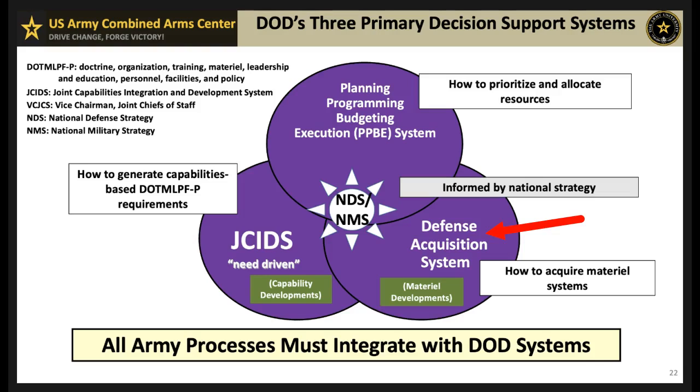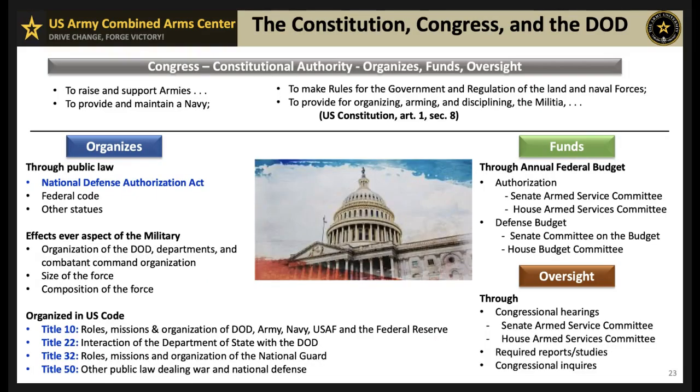This system is crucial for acquiring materiel systems. It outlines the processes for developing and procuring equipment and technology needed by the Army. These systems are informed by the National Defense Strategy and the National Military Strategy, ensuring that all efforts align with national objectives.